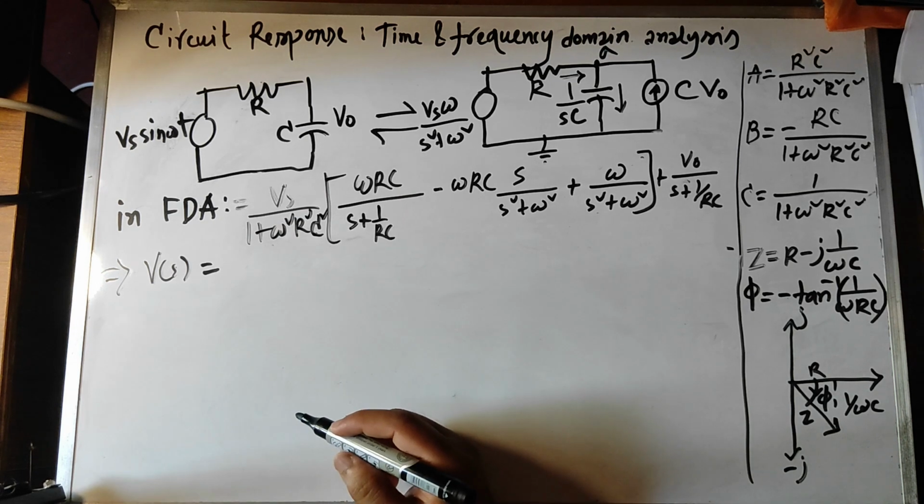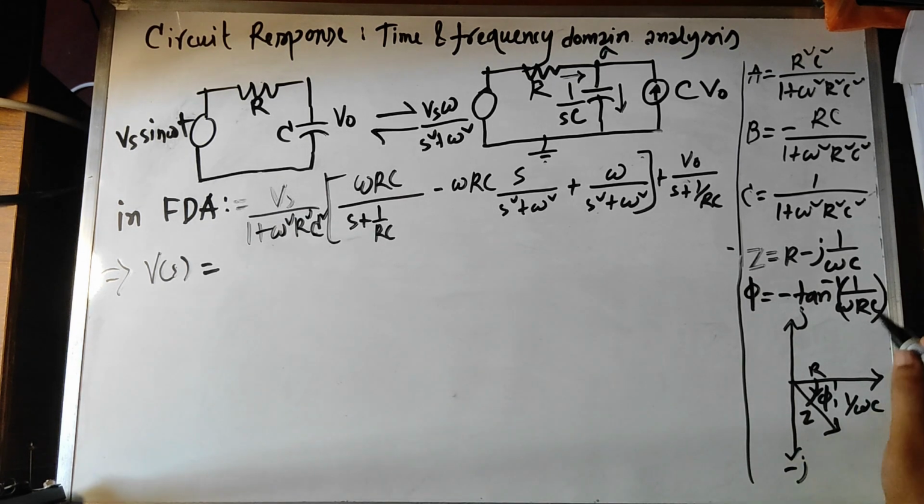Now what we're gonna do, so we can say that R is Z magnitude cos phi, and 1 by omega C is Z magnitude sin phi.